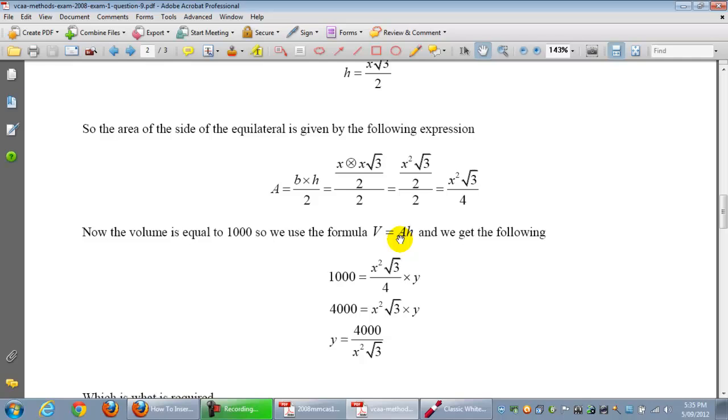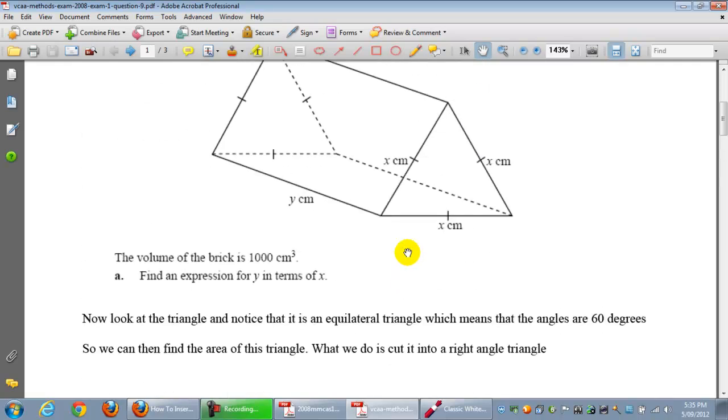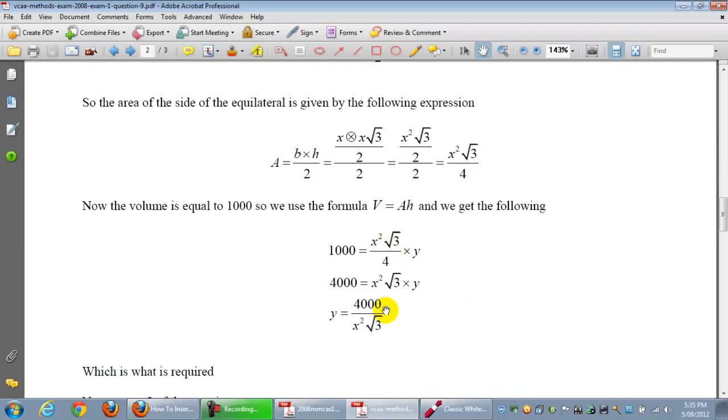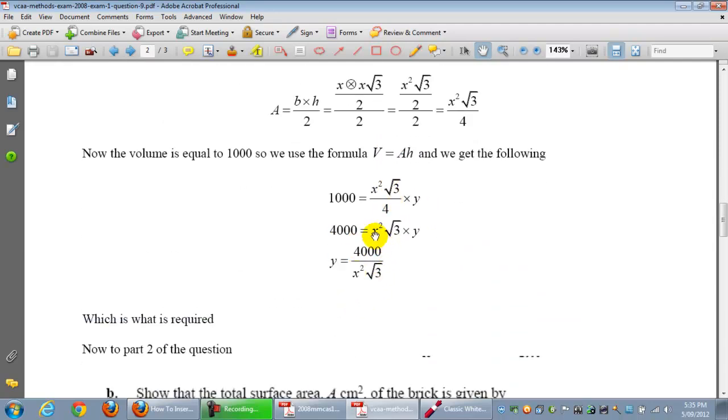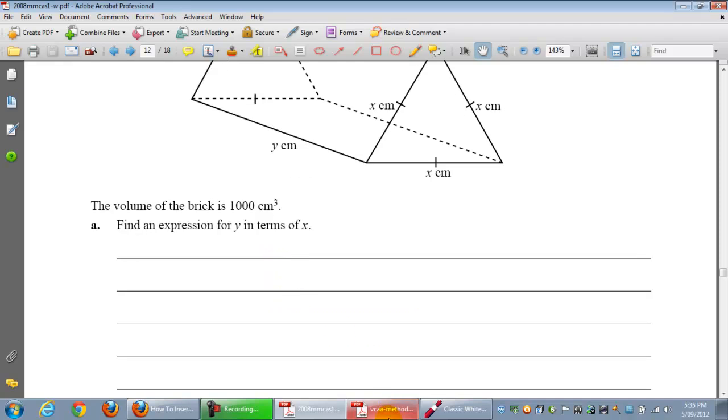We know the area, and this h, don't get confused, is really this length here, so we put y there and rearrange it. That's exactly what you wanted, an expression for y in terms of x, and so we've done it.